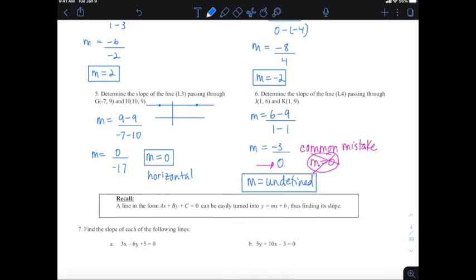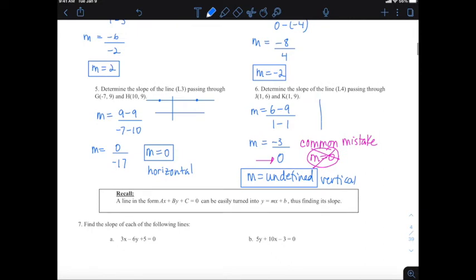Okay? And yeah, this is a vertical line. How do I know? Well, if I were to just really quickly plot this, 5.16 and 19, I can see that this is just the line x equals 1. This line y equals 9.